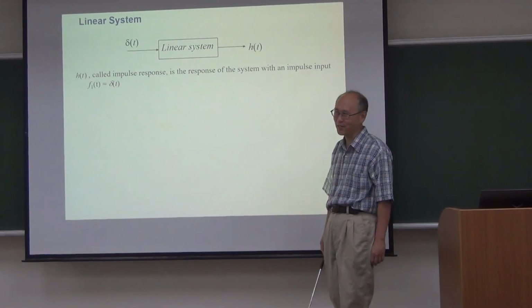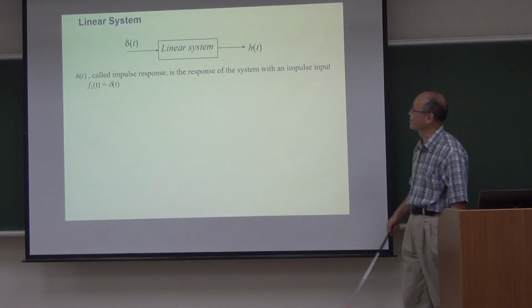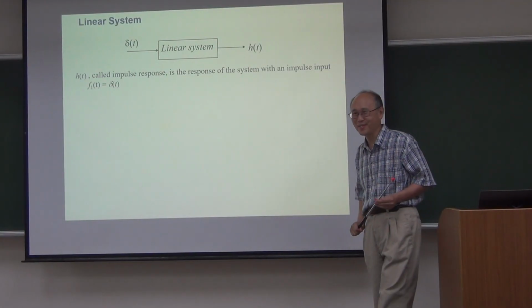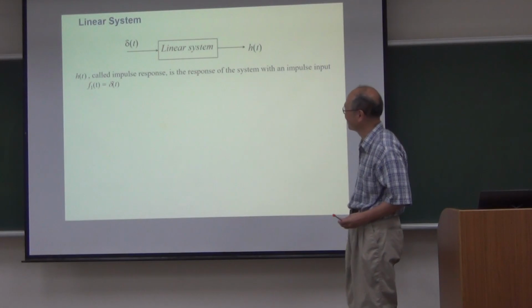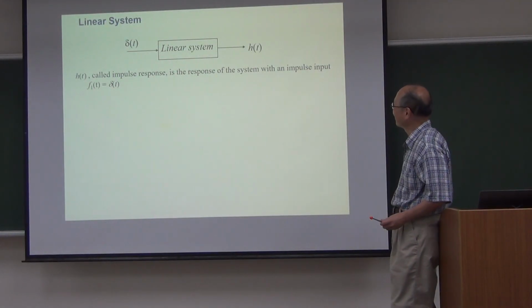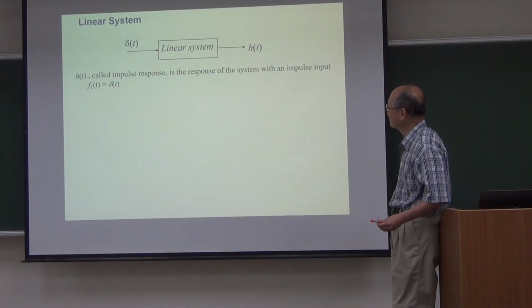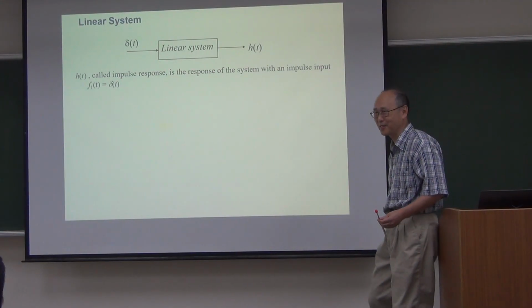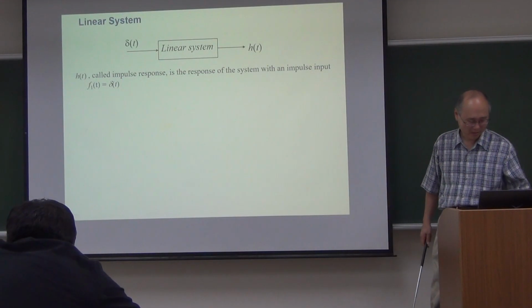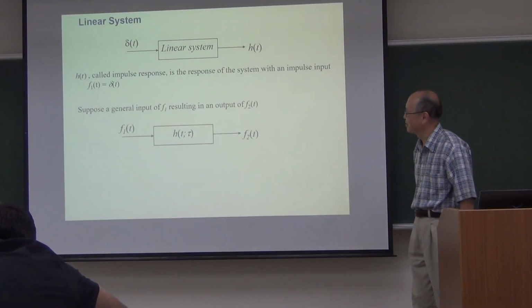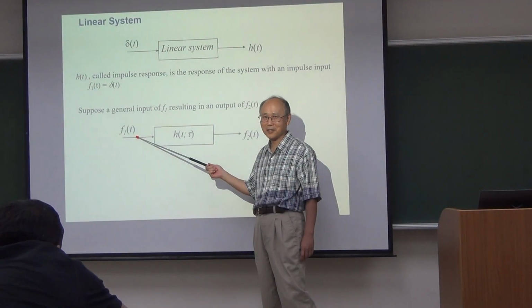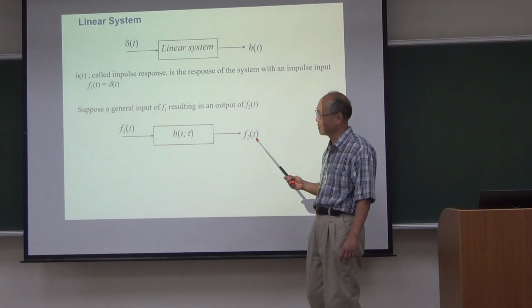If you have a delta function excitation, then you're going to get an impulse response, right? So this is your signaling system. And for a linear system, superposition is going to work. Suppose you have some arbitrary signal as your input, you get some output.